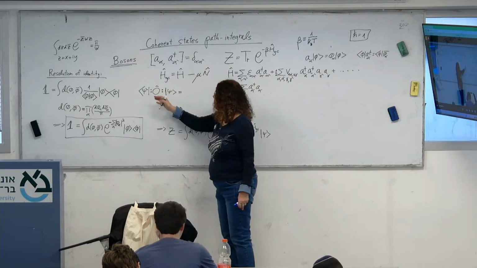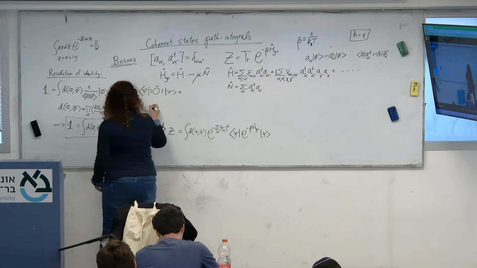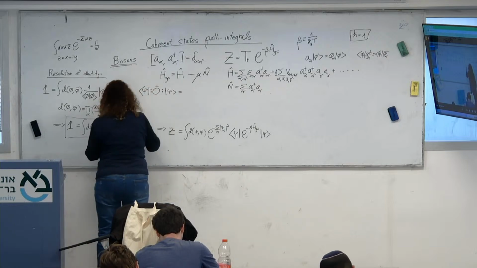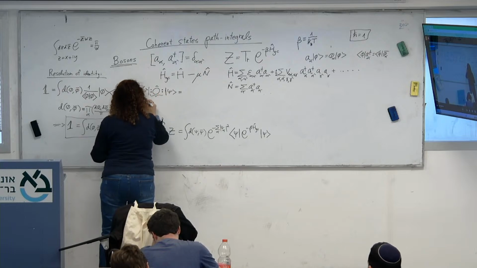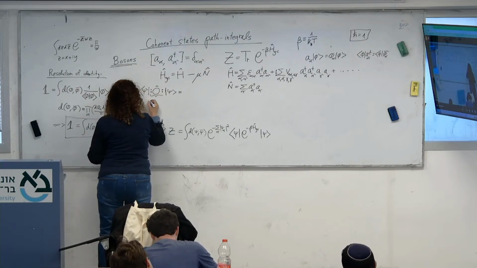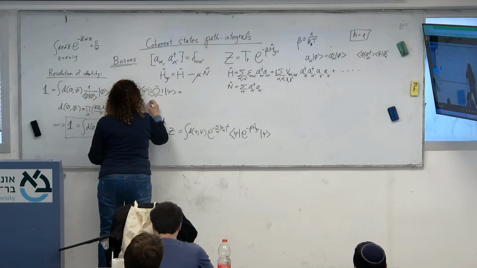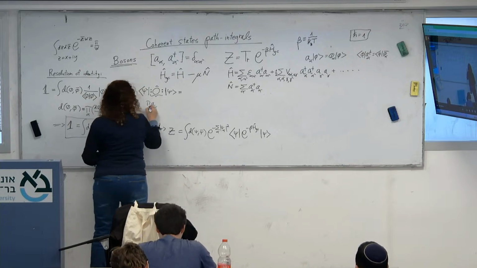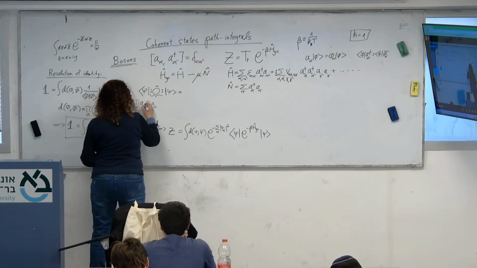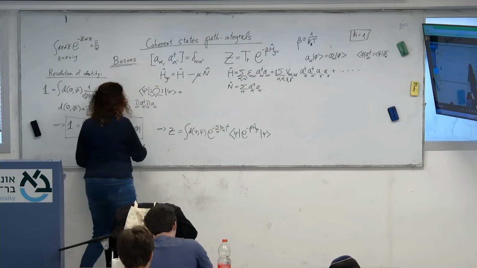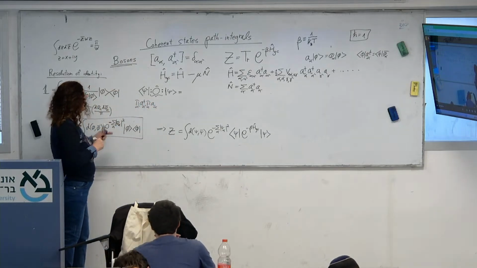Since O is normal ordered, it's some product of A alphas and some product of A alpha daggers.